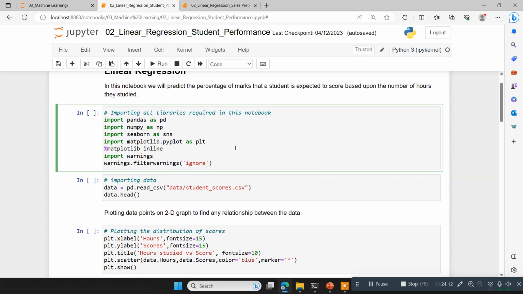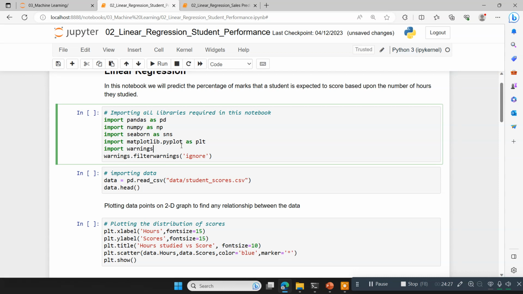Okay, so here I'm importing pandas to create a data frame, numpy to create a numpy array, seaborn and matplotlib for data visualization, and sometimes we get some unnecessary warnings, so we would like to hide them.